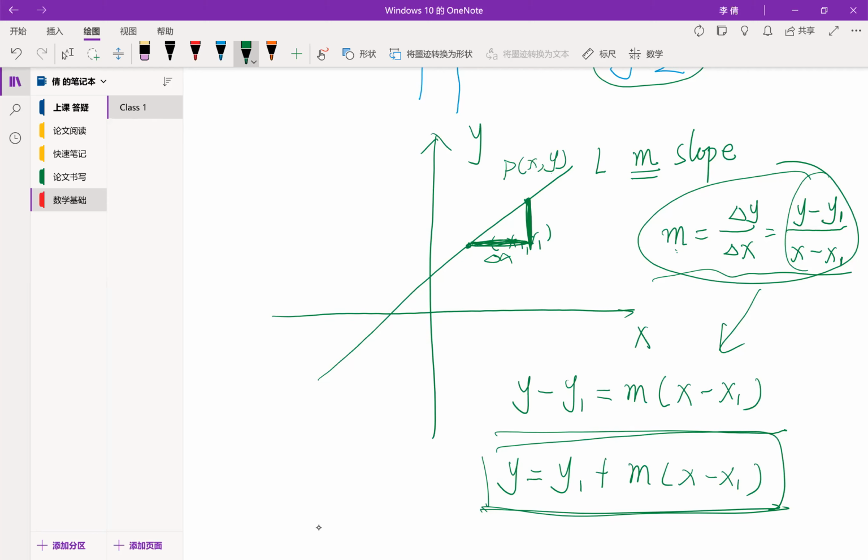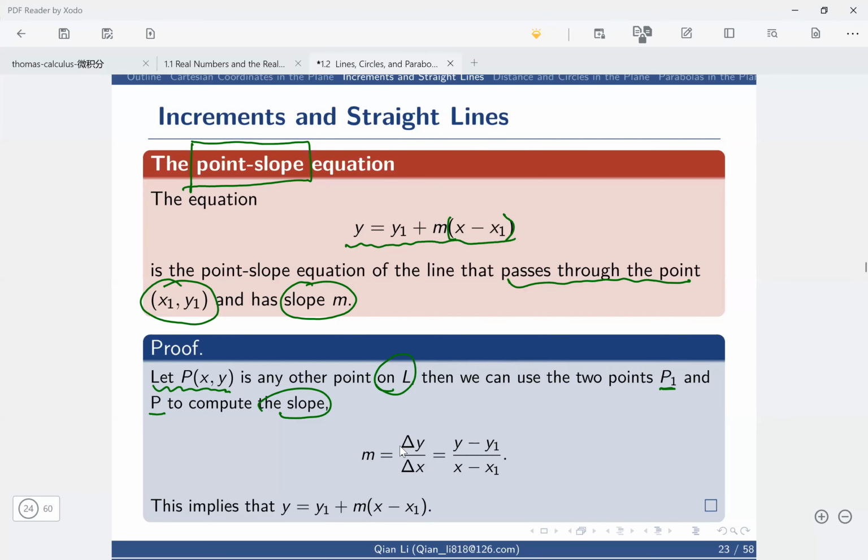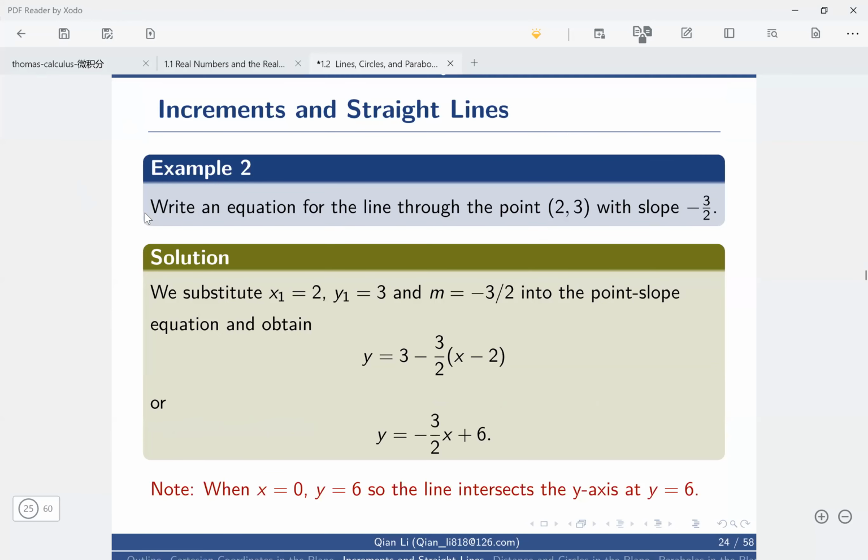Okay. Let's see some examples. Write the equation for the line that passes through the point (2, 3), and the slope of this line is negative 3 over 2.